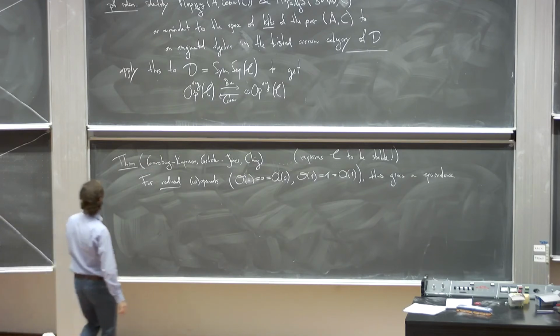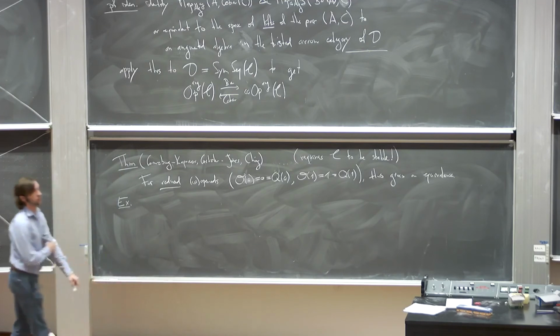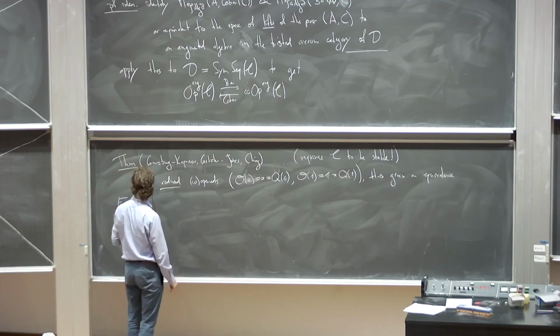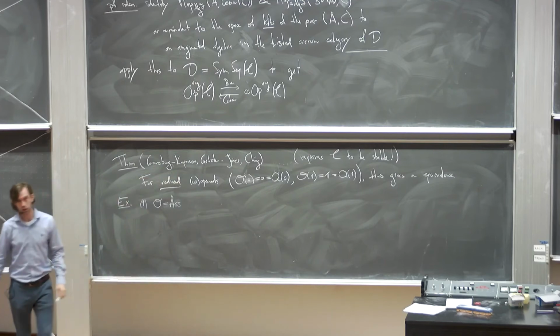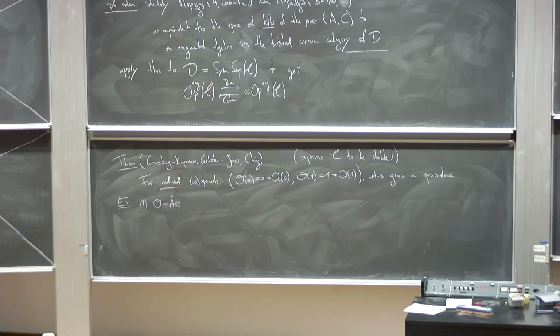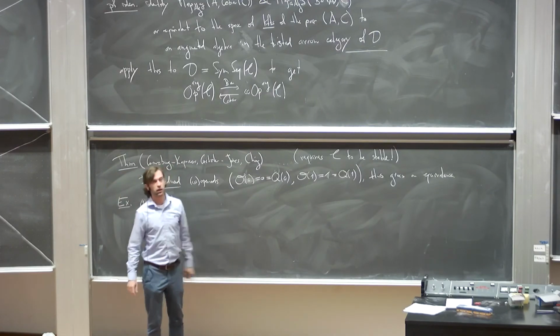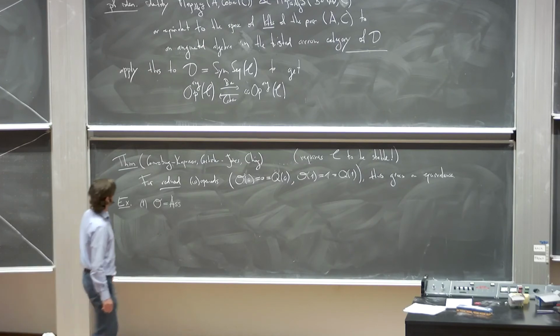So just a few quick examples of how this bar-cobar thing plays out in practice. Maybe the simplest example, where you can also really calculate things quite explicitly, is if you take the associative operad, which you can easily define in any monoidal category, and maybe I should be precise, I mean the non-unital associative operad, so you chuck away the operation in degree 0, because otherwise it isn't reduced.